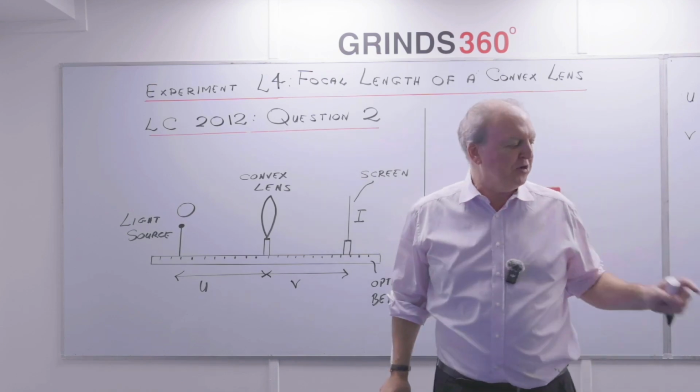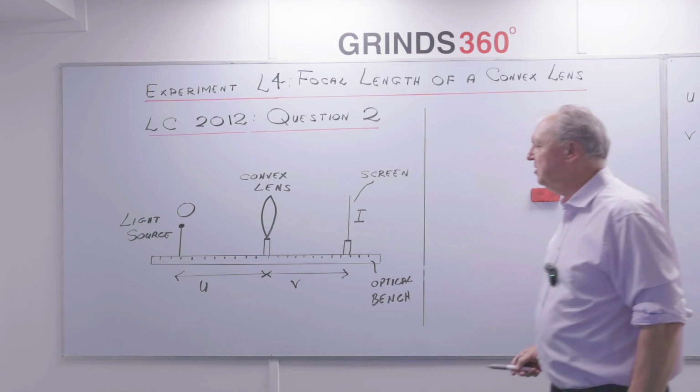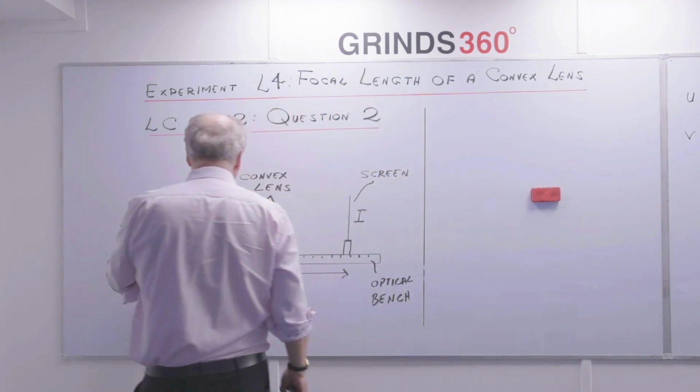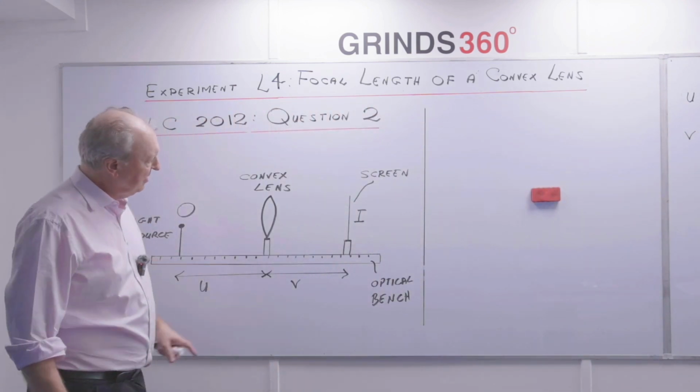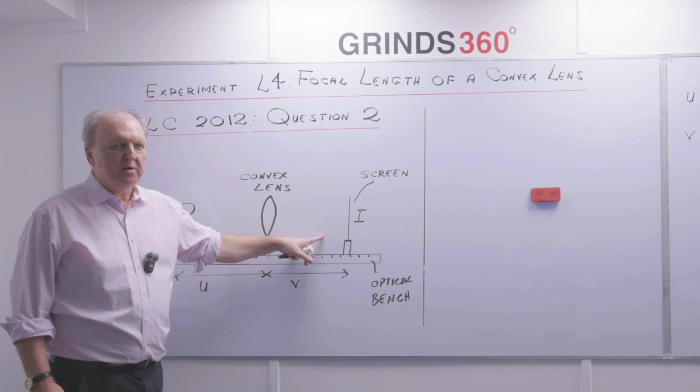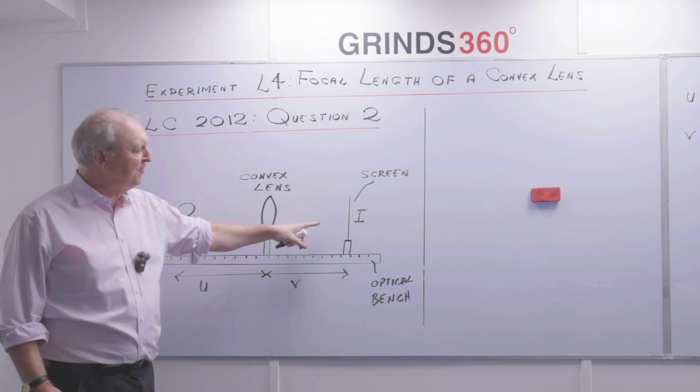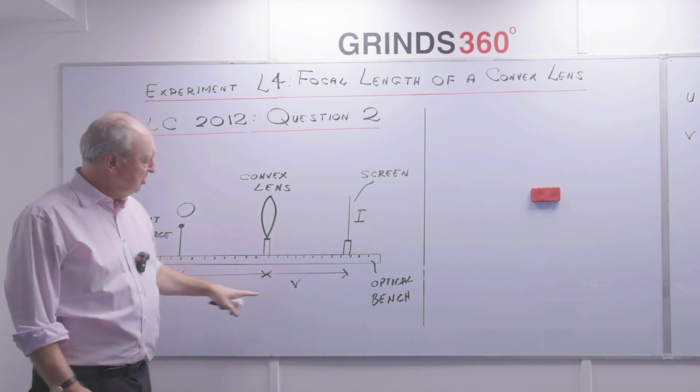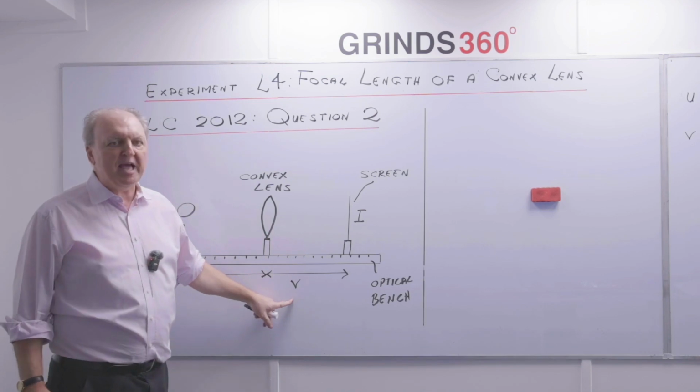Now, it's important that you look at the words carefully. They're saying, describe how the student obtained the data. So we're talking about how did we find U and how did we find V? That's all you have to describe. So you will say, place an object a certain distance from the lens, move the screen until a sharp image of the object is formed, measure V. Change U, measure V again.